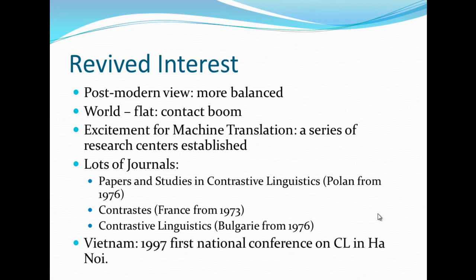And when you learn another language, there is always a strong demand to find the best or the most efficient way to learn. Right? So contrastive linguistics was one of those solutions.